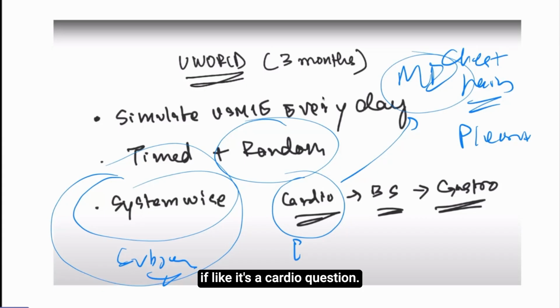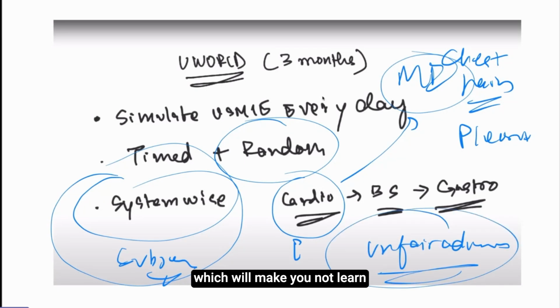If it's a cardio question, it's a cardio answer, and you're missing out on very important learning points. And that screws people over time. So that's why we'll never recommend system-wise or subject-wise, because if you use these approaches, you're giving yourself an unfair advantage, which will make you not learn testing skills and which will over time complicate things. So always do random, because that will train your testing skills the best.